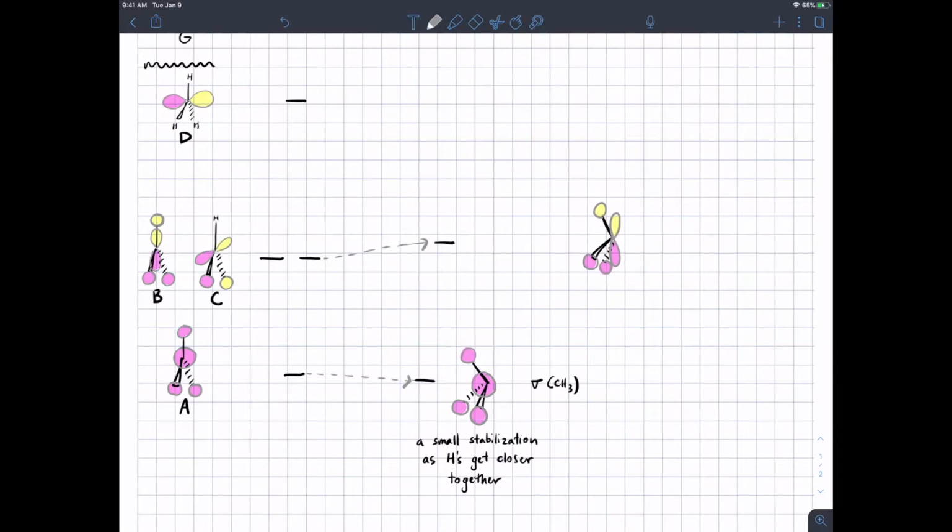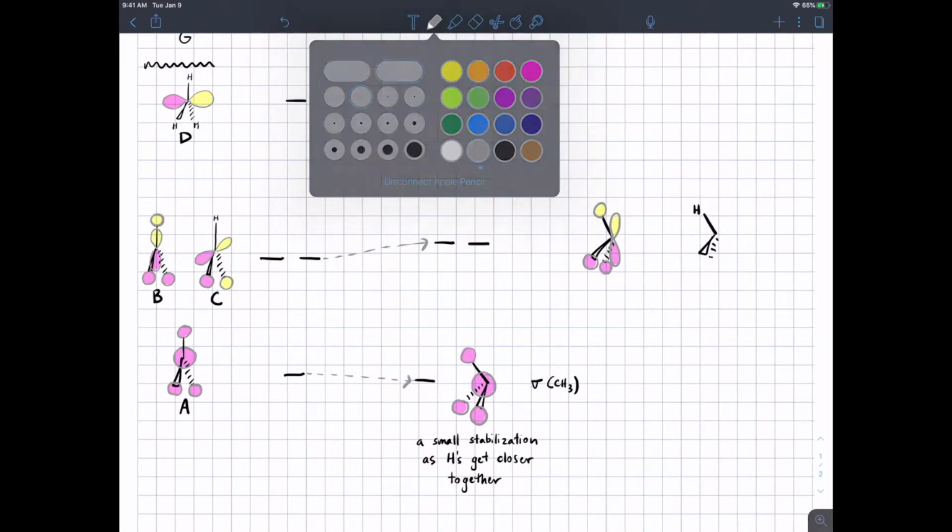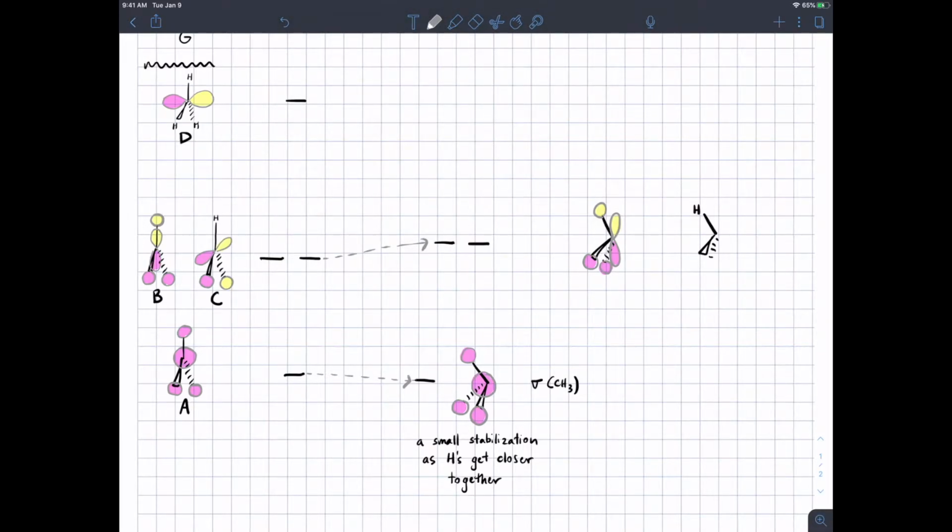And of course, the same thing's going to happen to the other orbital. Here's the hydrogen that's in the node. We still have a p orbital with one lobe that's in front, and the other's in the back.